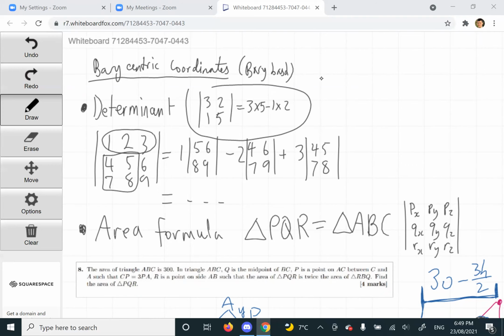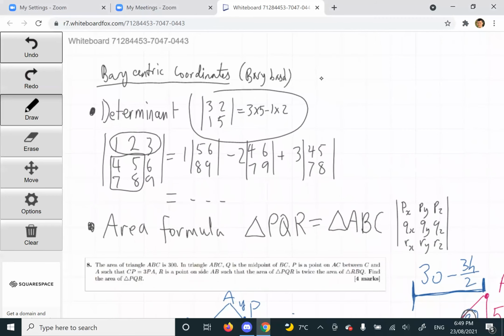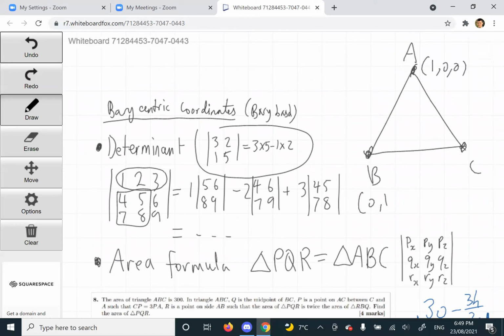So the most basic example is when you have just your reference triangle. The coordinates are 1, 0, 0, 0, 1, 0, 0, 0, 1. Can you see how this formula works for this reference triangle?